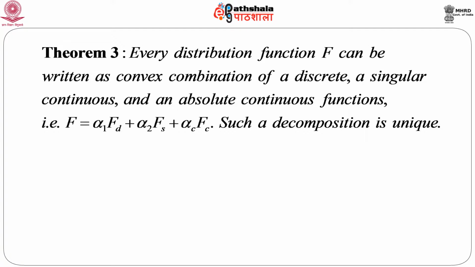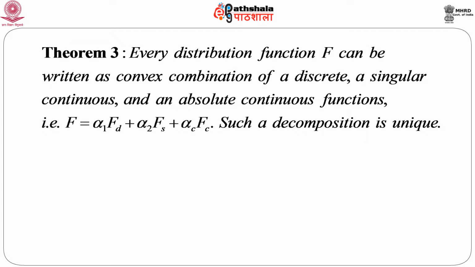This states that every distribution function, whatever be the random variable, be it discrete, be it continuous, absolutely continuous, every distribution function F can be written as a convex combination of a discrete, a singular continuous and an absolutely continuous function.